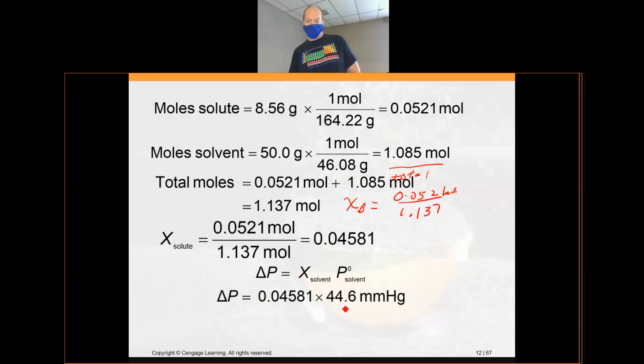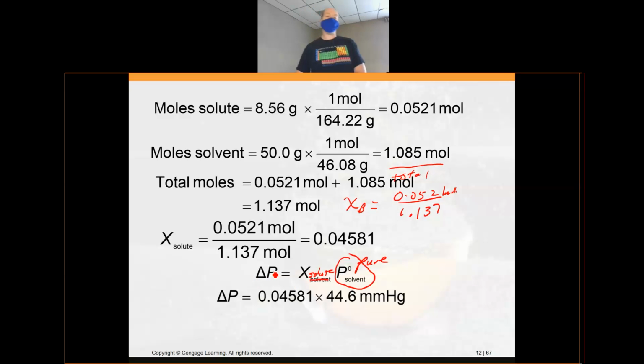So now you take your 44.6 millimeters of mercury. That is your pure solvent. The little circle up there means pure. So ethanol all by itself has a vapor pressure of 44.6 at 20 degrees Celsius. And this is the mole fraction of your, they say solvent. That is not correct. Of course they took the solute mole fraction, so that should say solute.